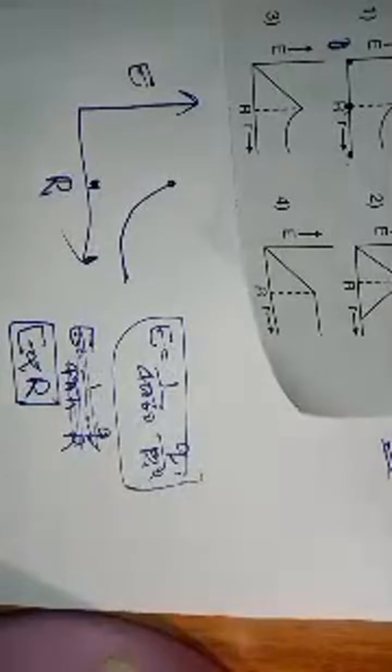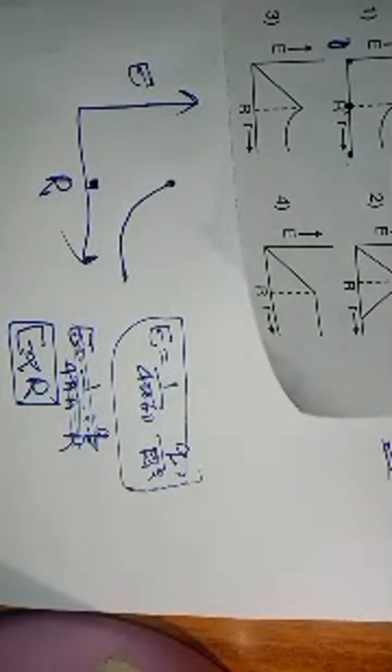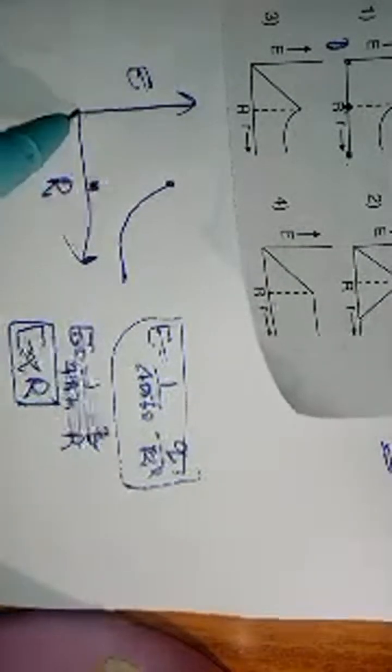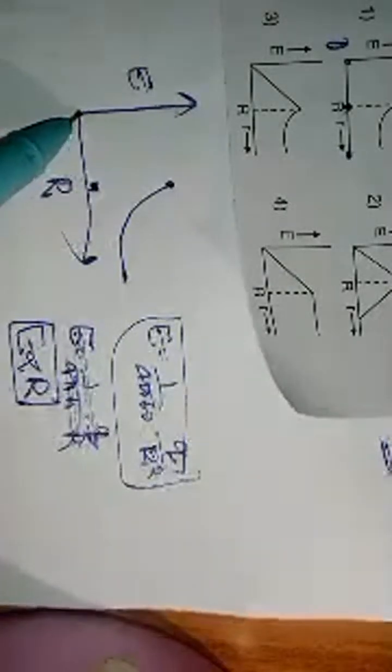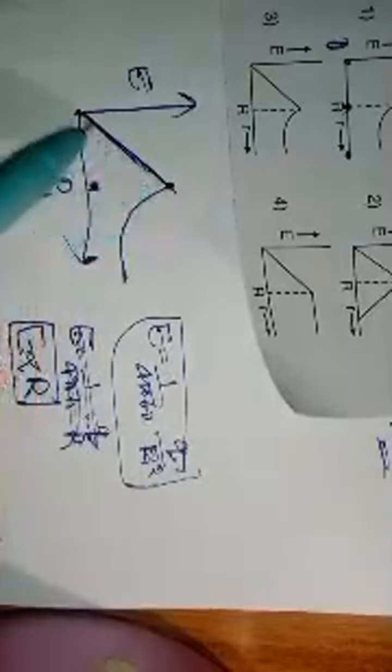A directly proportional graph, without a square, represents a straight line with slope along E and r. So the answer for the electric field on the non-conducting sphere will be option 3.